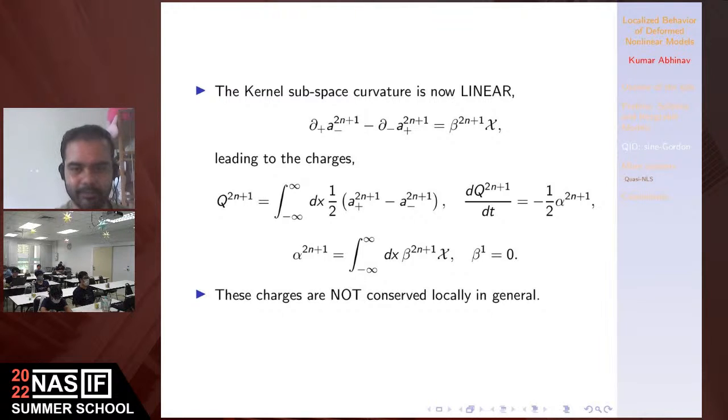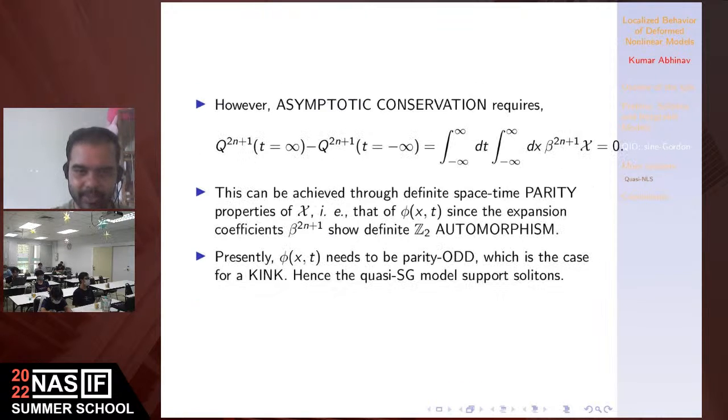We see that if epsilon is non-zero, or we consider the deformed system. So we have a system now which has non-conserved charges, but we need asymptotic conservation for it to be quasi-integrable. That's what we physically want, because for realistic systems, with local excitations, at least asymptotically it should be conserved.